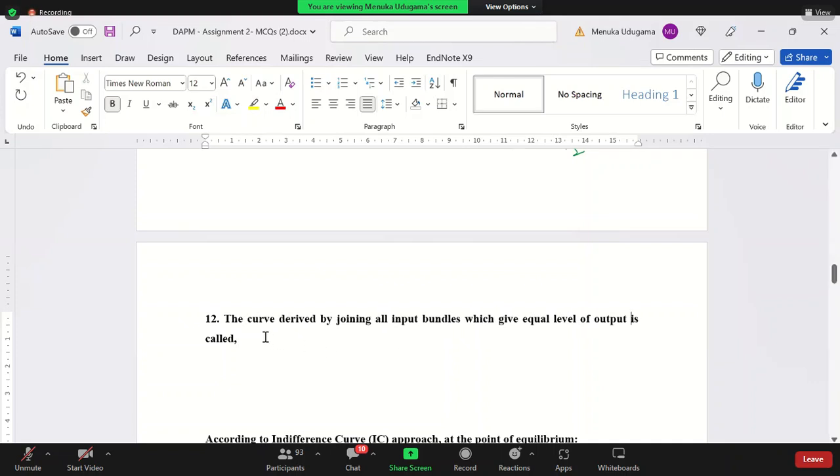So how would you answer this question? What's the answer? The curve derived by joining all input bundles which give equal level of output.